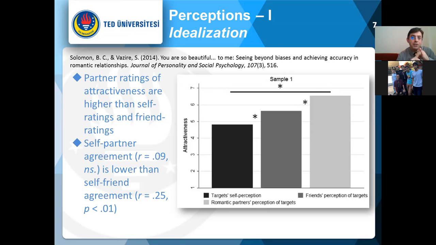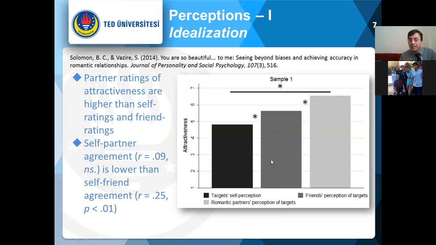So Ayşe thinks about her attractiveness and rates it. So Ayşe evaluates her attractiveness, a friend of Ayşe evaluates her attractiveness, and Ayşe's partner evaluates her attractiveness. And what we observe here is that Ayşe believes she is moderately attractive, whereas Ahmet, her partner, believes she is very much attractive. So this is called idealization. And as you observe, friends are a little bit more realistic than romantic partners.